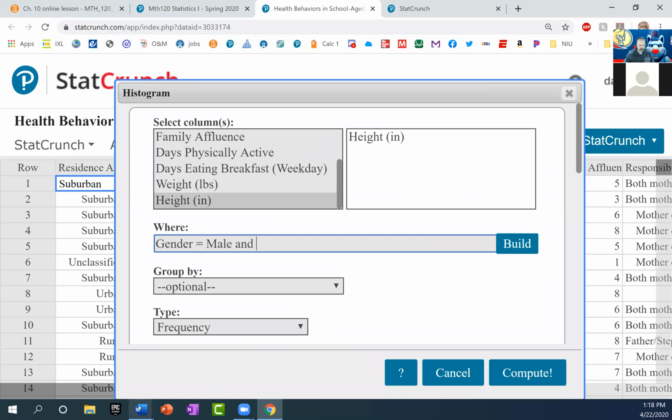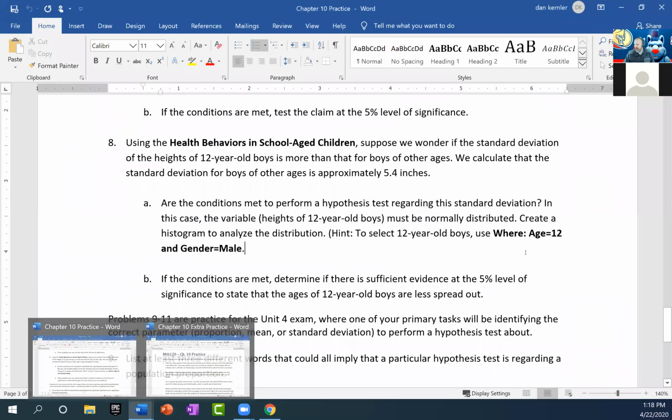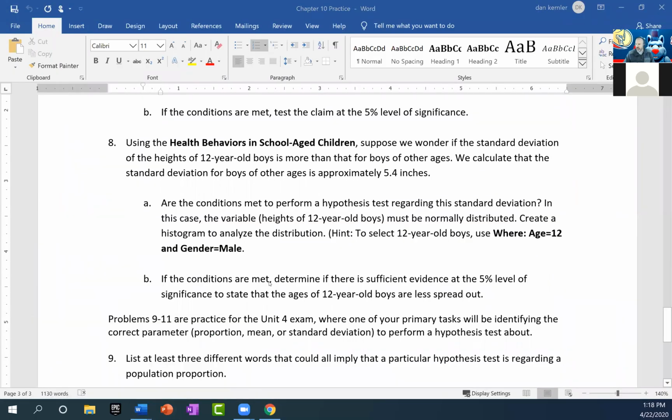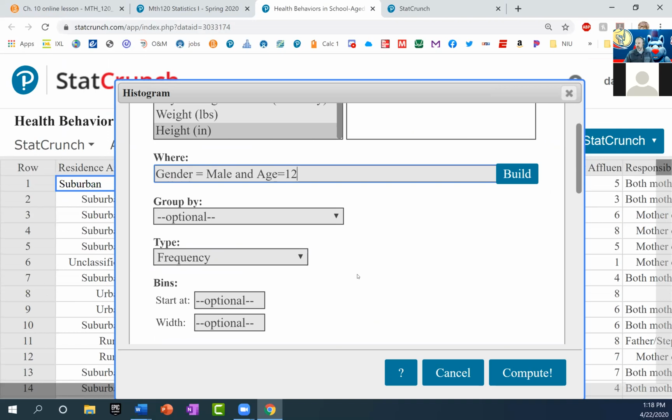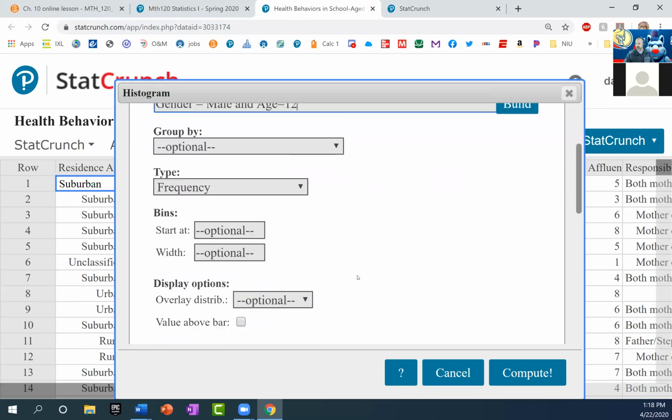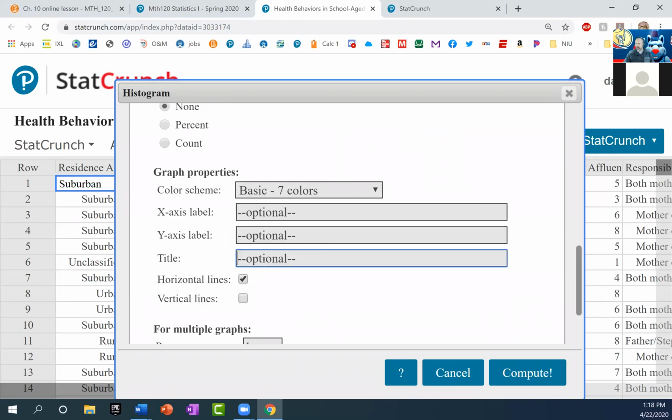Let me go back over to my practice document. Age equals 12. And that should just get us 12-year-old boys. And let's title it, heights of 12-year-old boys. Compute.